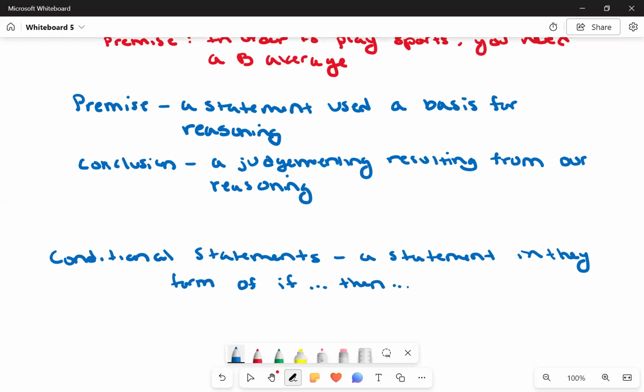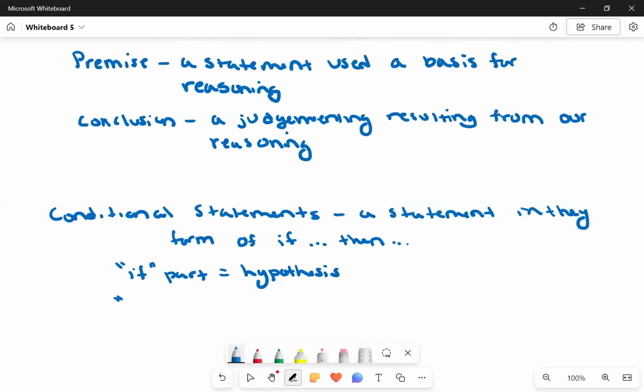Okay. So if is considered like the hypothesis. The if part is like our hypothesis. The then part is the conclusion from the hypothesis.